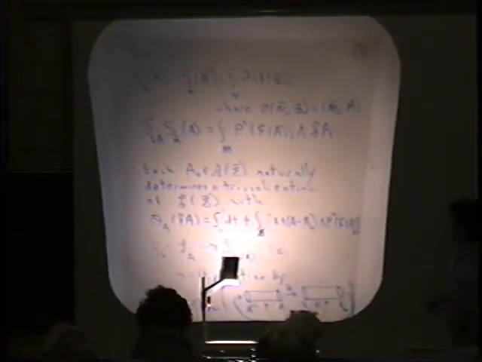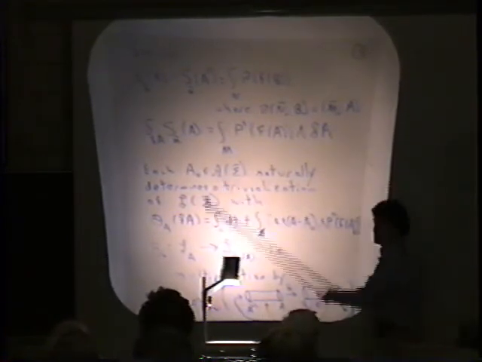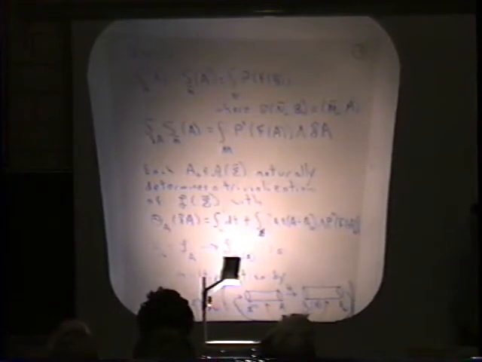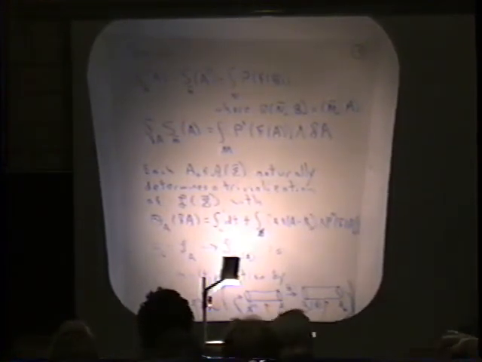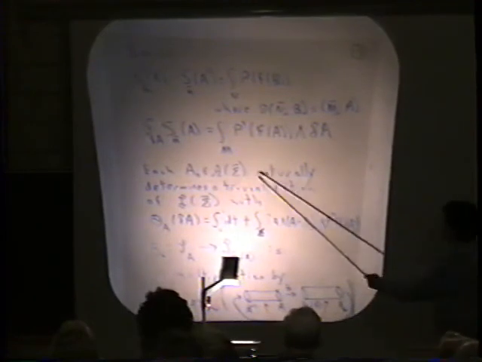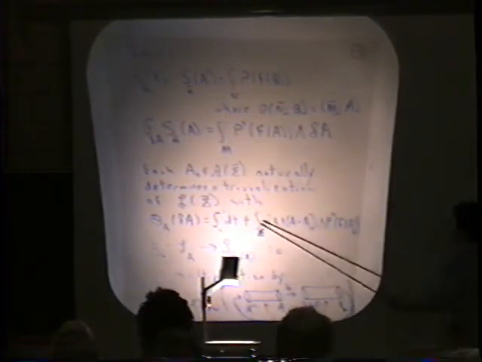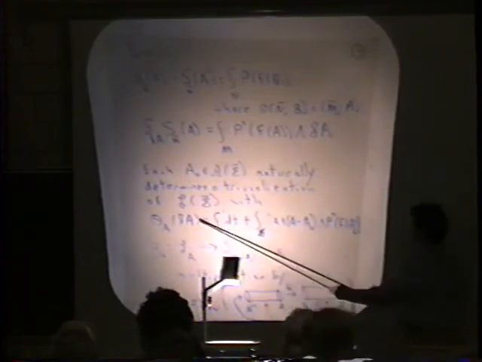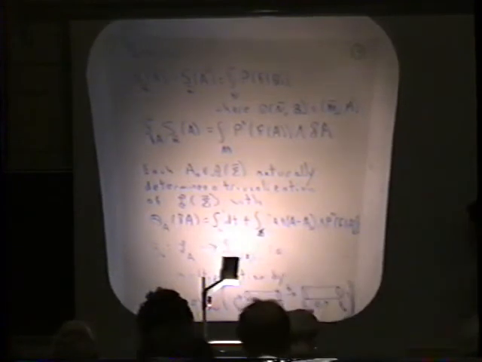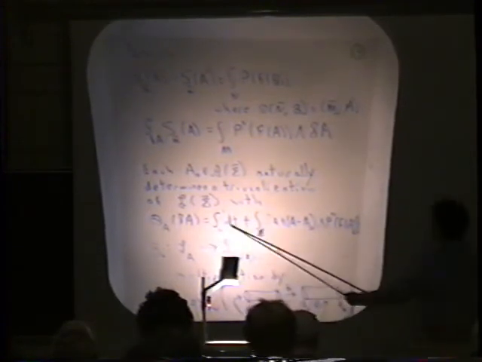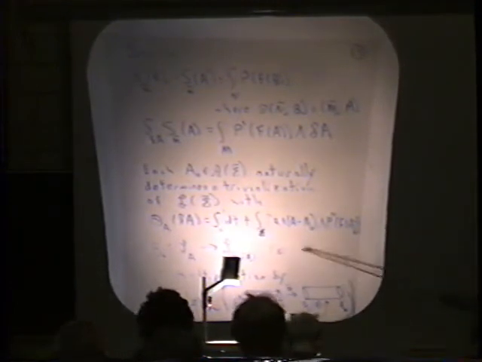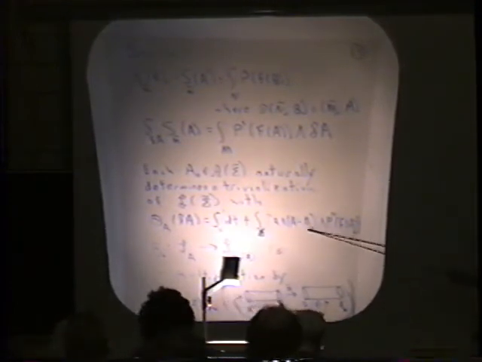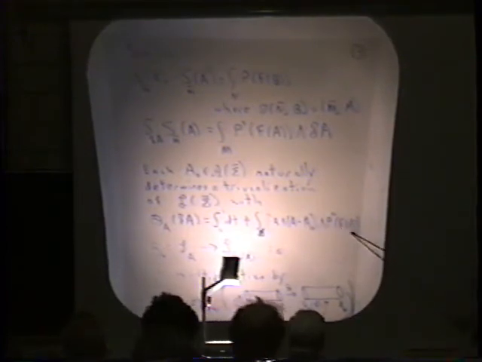And then, following the general reconstruction argument from before, if we pick a base point, and there's a way to do it without picking a base point, then it naturally determines a trivialization of the line bundle where the connection 1-form looks like this. It's an integral over time of an expression that involves A, the difference between A and the base point, and the second derivative of the invariant polynomial.